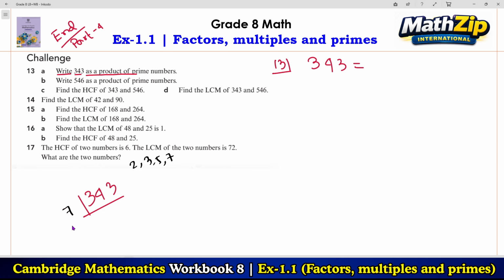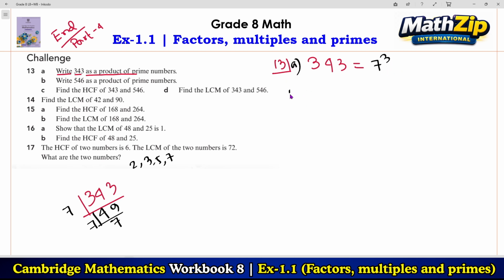Once we divide by 7, 4 times 7 is 28, so here is a 6, so 7 times 9 is 63, so 7, and again 7. So we can write this as 7 cube. This is the product of prime factorization, right?